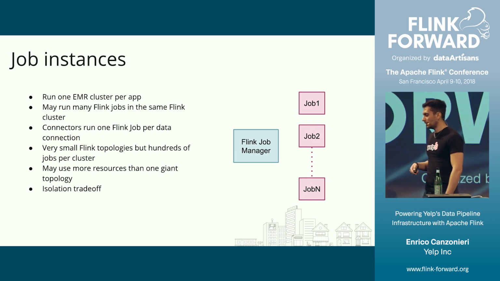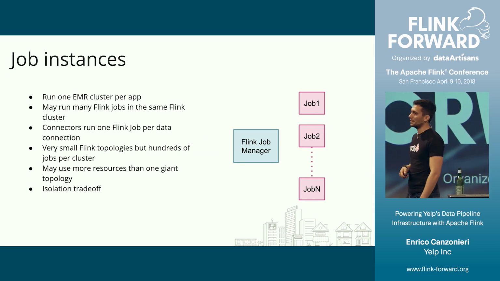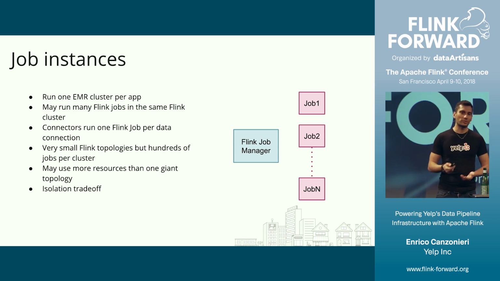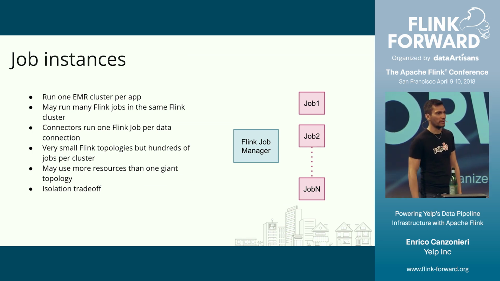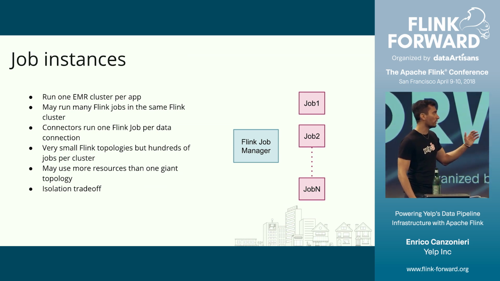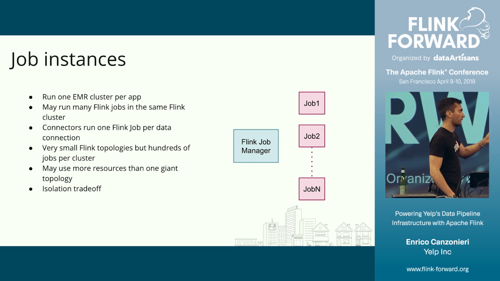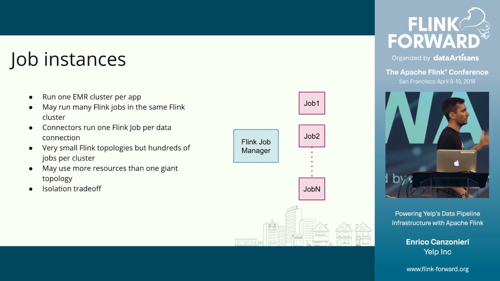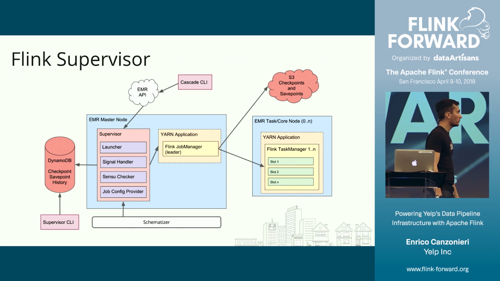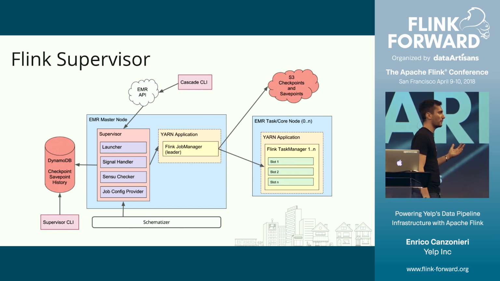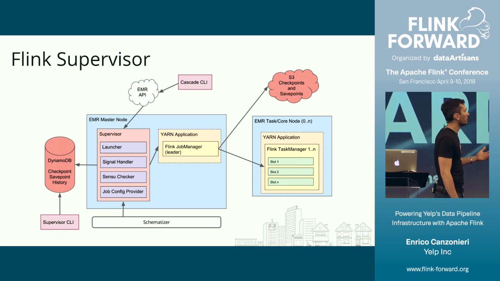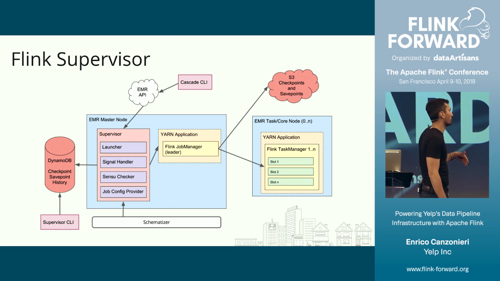However, if we moved away from EMR into something more like Mesos or Kubernetes, we'll probably start looking into running a single Flink cluster with a dedicated job manager per connection, so per job. To be able to run hundreds of jobs, we had to develop something that we call the Flink Supervisor.